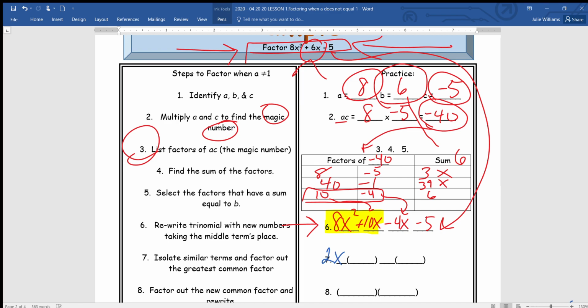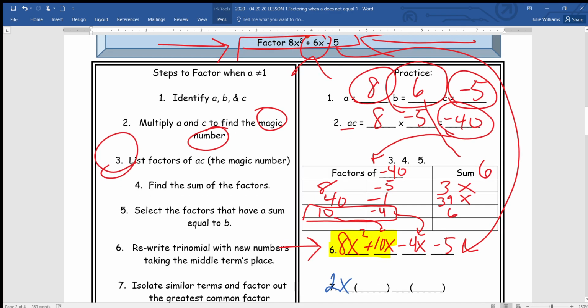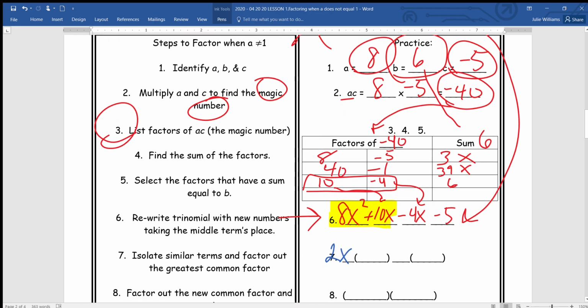I'll blow this up a little bit. Then 2 times something is 8x squared, so 2 times 4 is 8, so there's a parenthesis here. And then x times x is x squared. And then 2x times something is 10x, so that's plus 5.